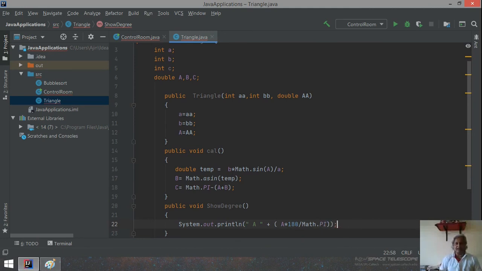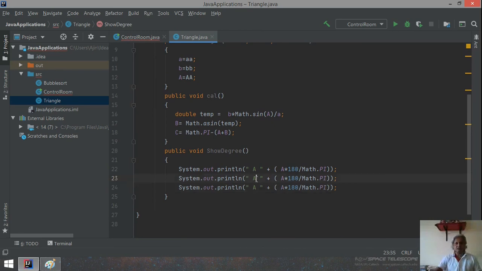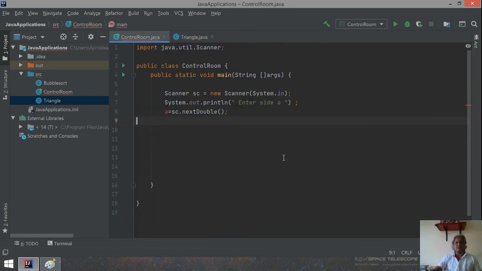So this is your angle A. Same thing I can do here, Control V, Control V. So this is my angle B, and this is my angle C, and this is B, and this is C.